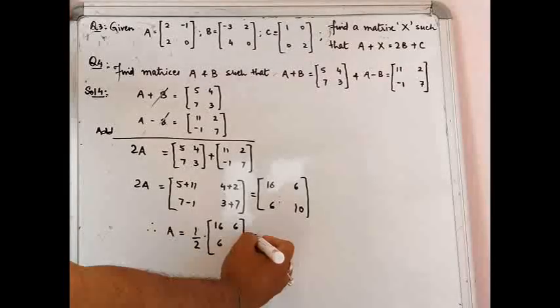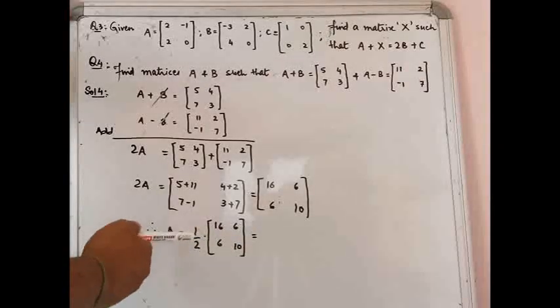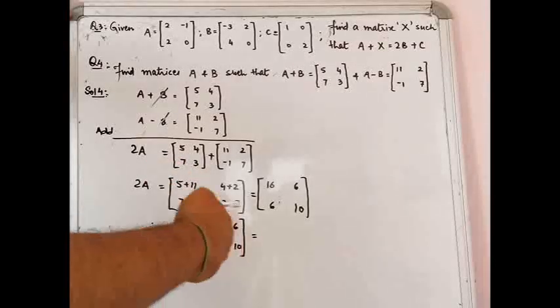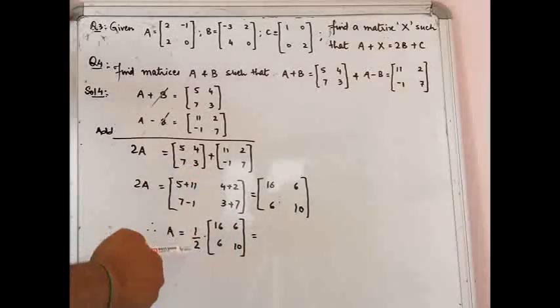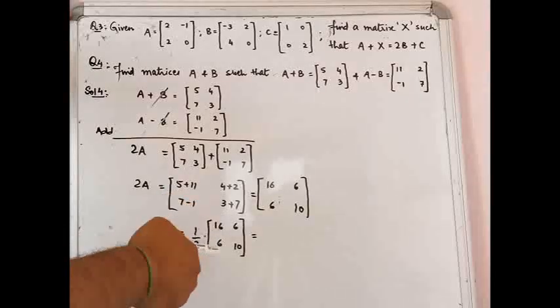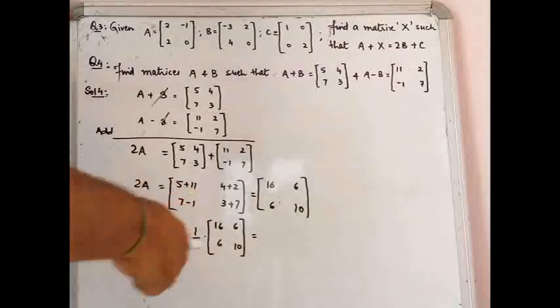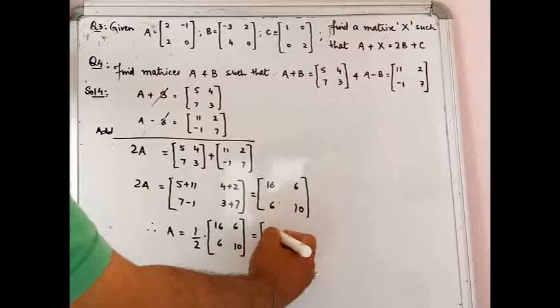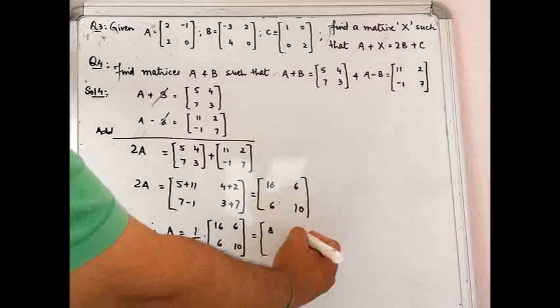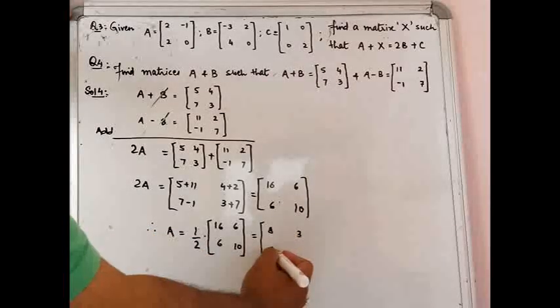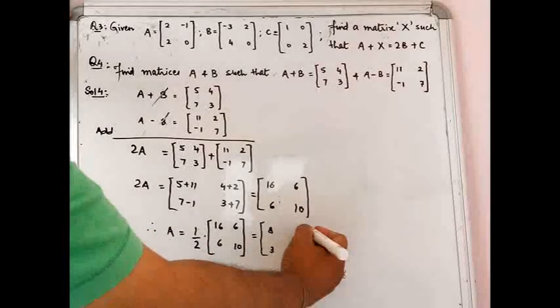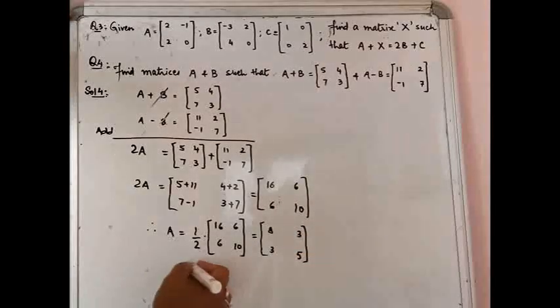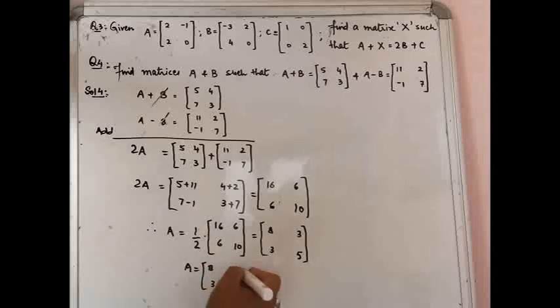When 1 by 2 is multiplied with this matrix, being a scalar quantity, it multiplies all the individual elements. The first element will become 8, because 2 8s are 16, then 2 3s are 6, then 2 3s are 6, and 2 5s are 10. So your matrix A finally comes out to be 8, 3, 3, 5.